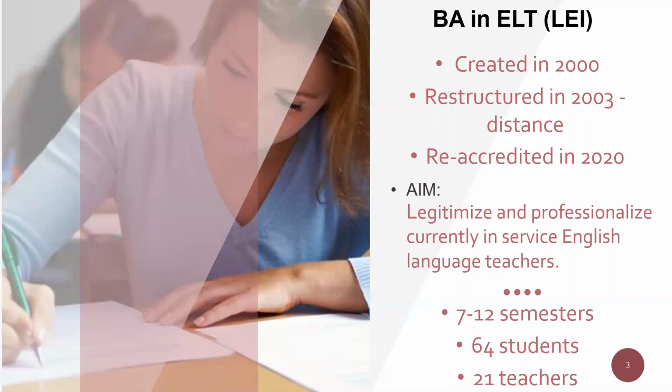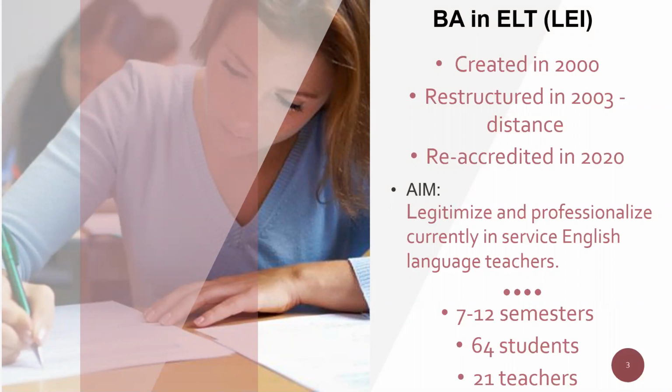Well, first of all, this BA program was created in 2000. It was restructured 3 years after as a distance program, and it was reaccredited in 2020. The main aim of this program is to legitimize and professionalize currently in service English language teachers.